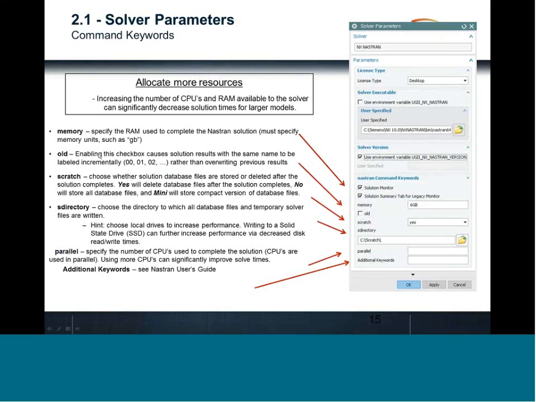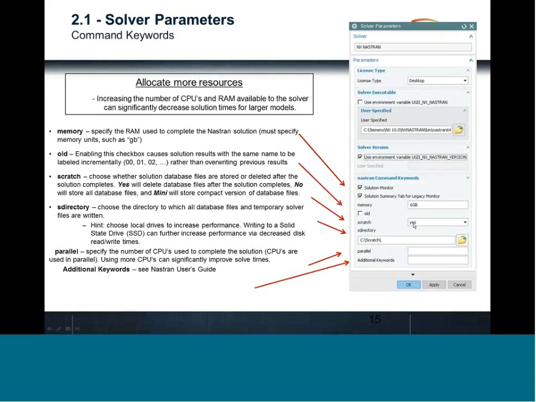If you check this checkbox, every time you run an analysis, it appends a suffix with incrementally increasing numbers, starting with 00, then moving on to 01, 02, and so on. If you don't have that checkbox checked, then every time you run an analysis, the previous results are just overwritten.